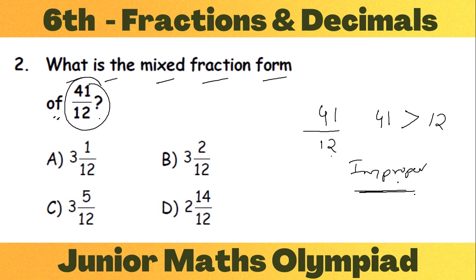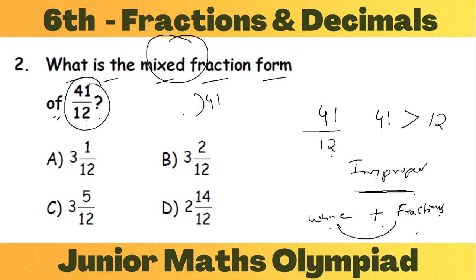So improper fraction we can write as a combination of whole number plus fraction. The combination of whole number and fraction is called mixed fraction. So this 41 by 12 we have to write in a combination of whole number and fraction. So it is considered as mixed fraction.